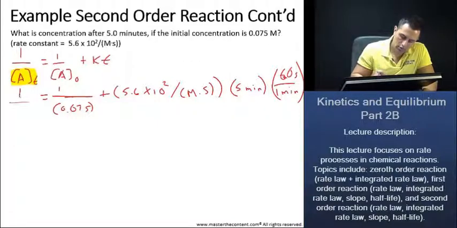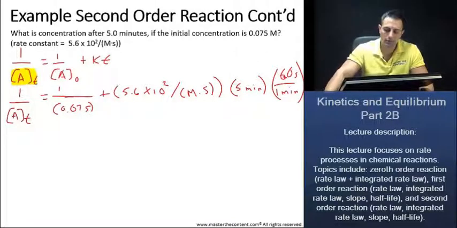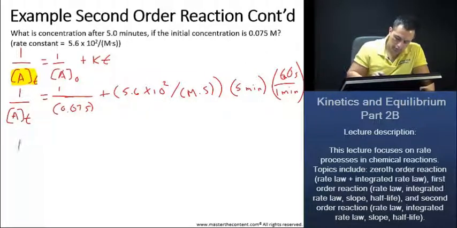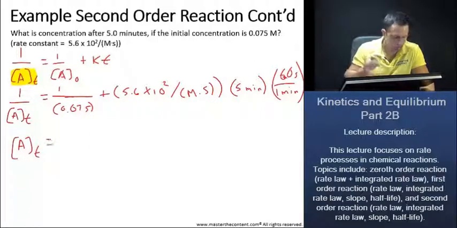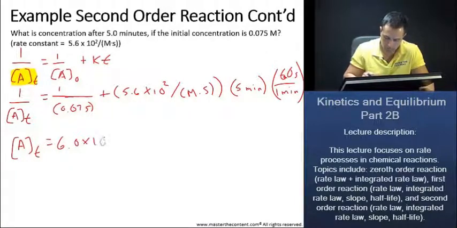What you can do is, I'll let you do the math on that one. Just go ahead and equate all of this. Once you equate all that, then you just isolate for the concentration. And once you isolate for the concentration, right, your answer should come out to be 6.0 times 10 to the power of negative 6.